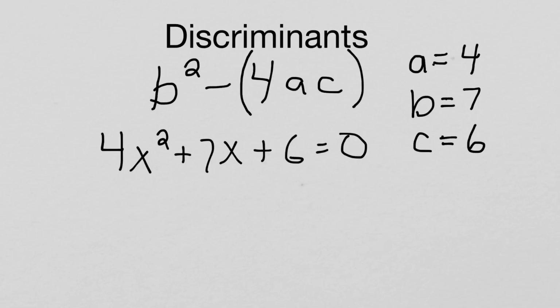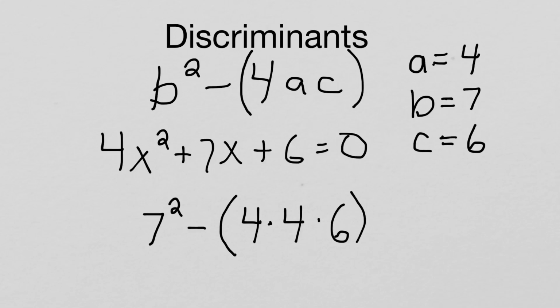All right, let's set this equation up. This is B squared, so it's going to be 7 squared minus, and I'm going to use these parentheses, 4 times A, which is 4, times C, which is 6. All right, do the math on this. 7 squared is 49, minus 4 times 4, which is 16, times 6 equals 96.